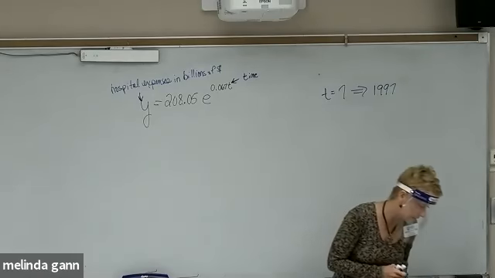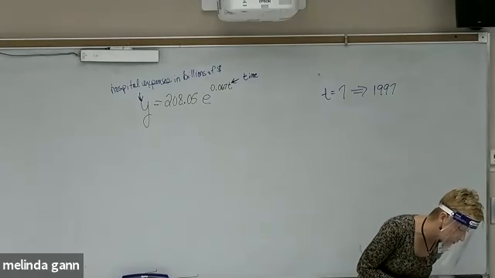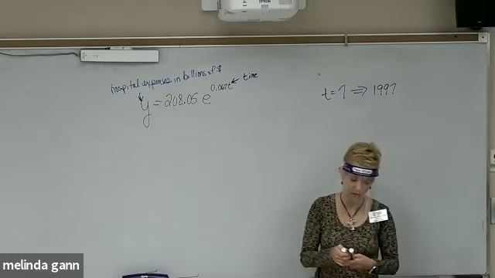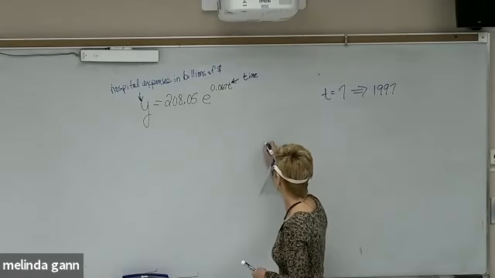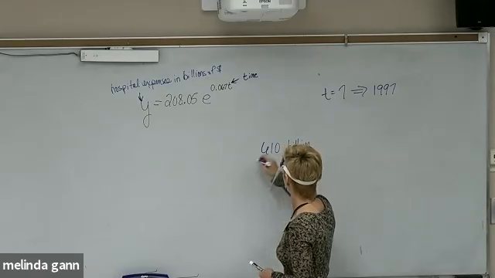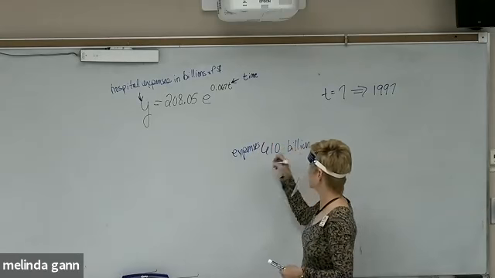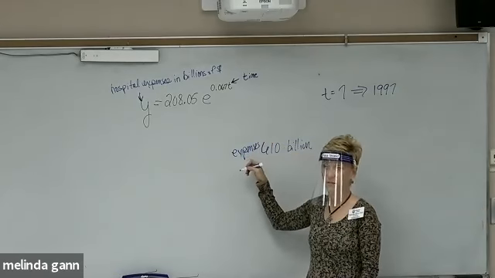Now look what it says. It says use the model to estimate the year in which the expenses reached about 610 billion. Now, in the 610 billion, the expenses.